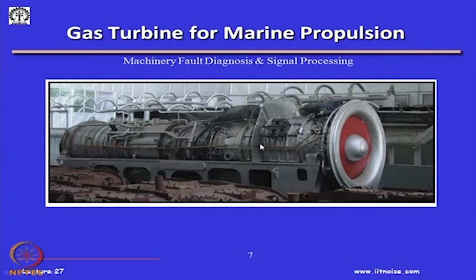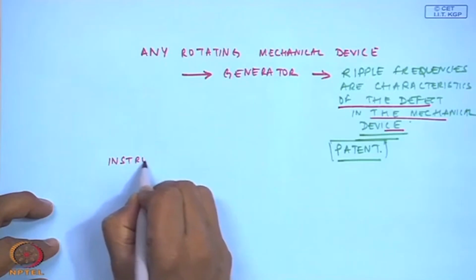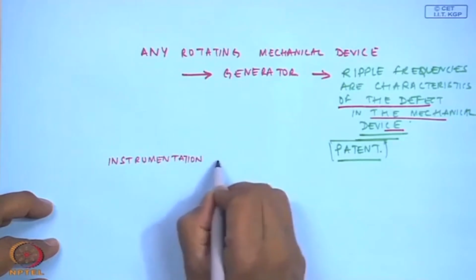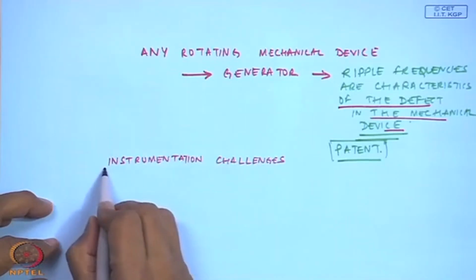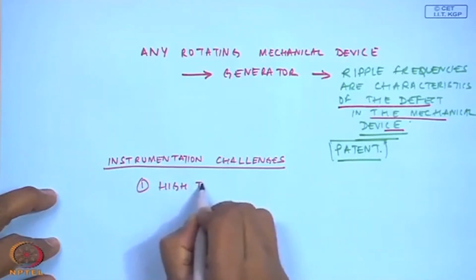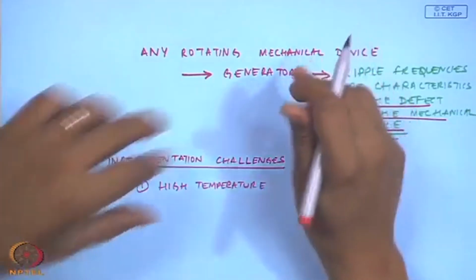The instrumentation challenges for monitoring gas turbines are such. Because of high temperature, those of you who have studied know that we mount accelerometers using magnets, but these magnets are very soft and they lose their properties.